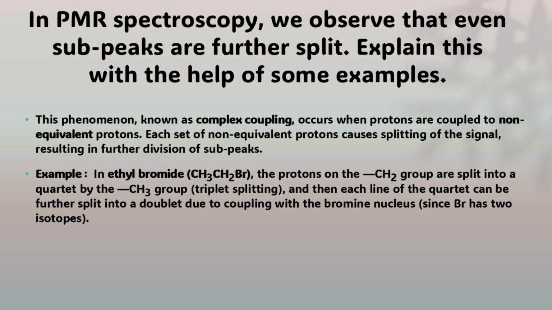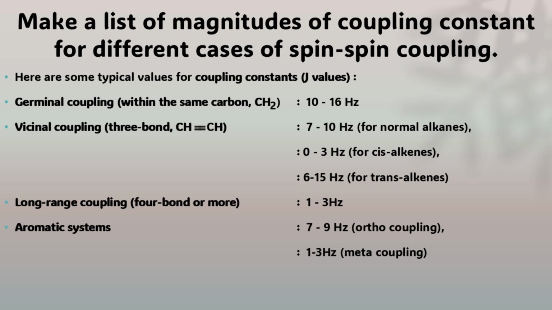Example, in ethyl bromide, CH3CH2Br, the protons on the CH2 group are split into a quartet by the CH3 group, triplet splitting, and then each line of the quartet can be further split into a doublet due to coupling with the bromine nucleus, since Br has two isotopes.